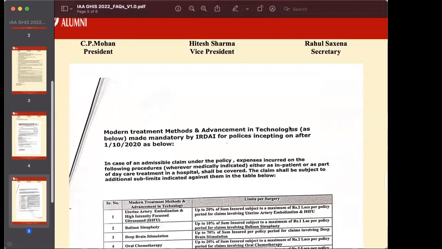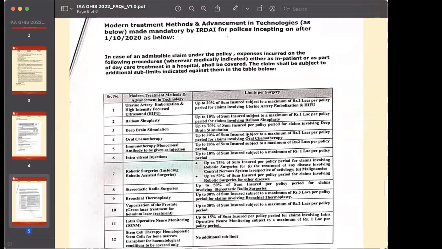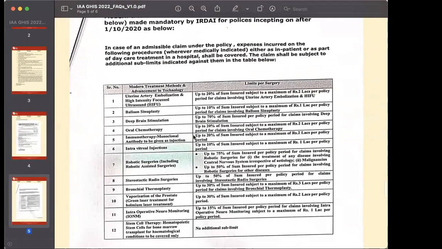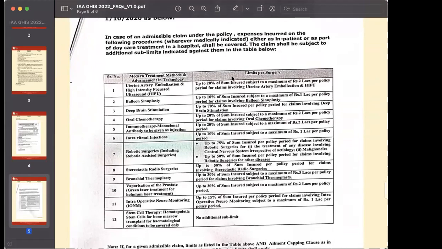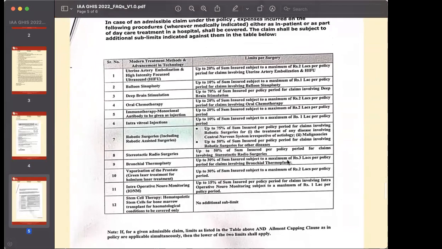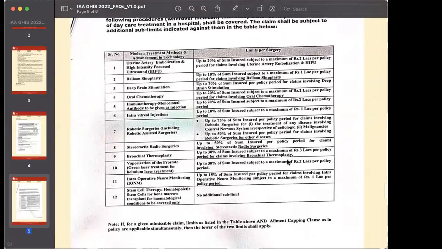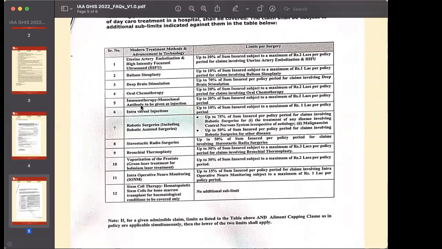And along with that, there is one document here. The second page of this document gives us a little more clarity on the limits per surgery that are given, in terms of what kind of surgery and how much is the sum assured that will be given on this particular surgery and what will not be given. So it is clearly given here, there are some very specific surgeries.